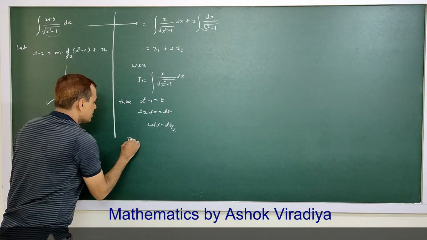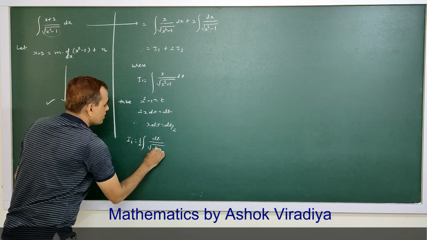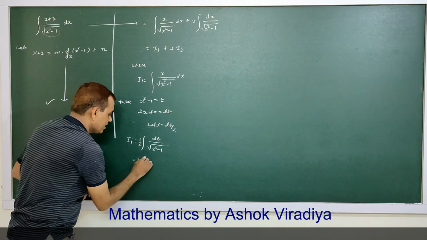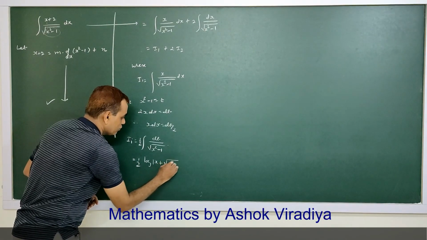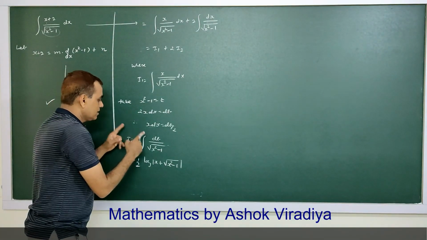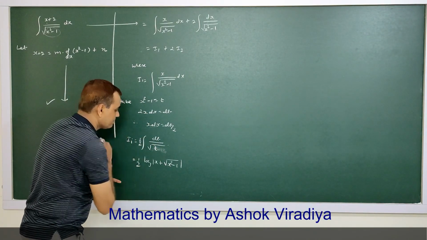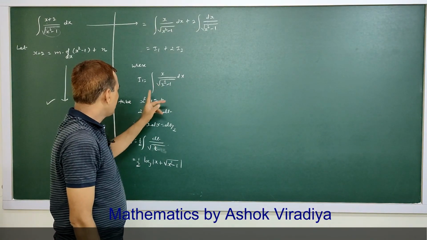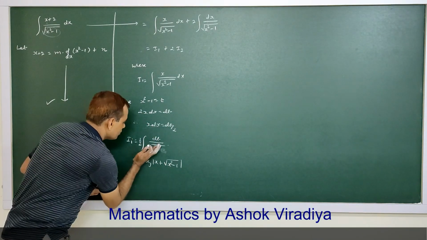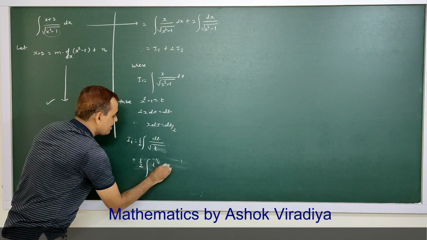So I1 is 1 by 2 t raised to minus half dt.